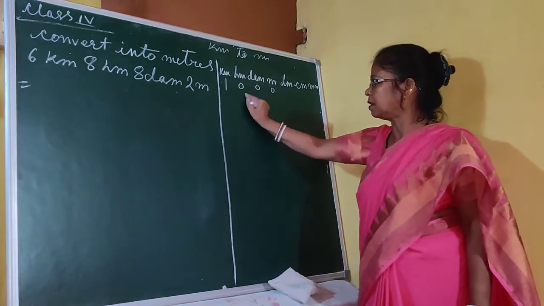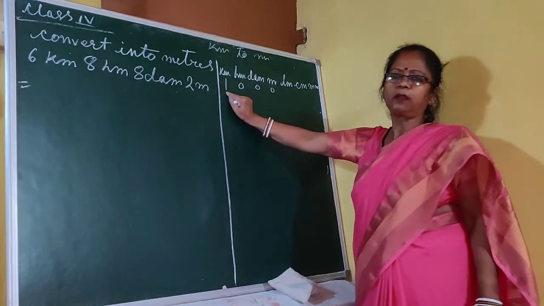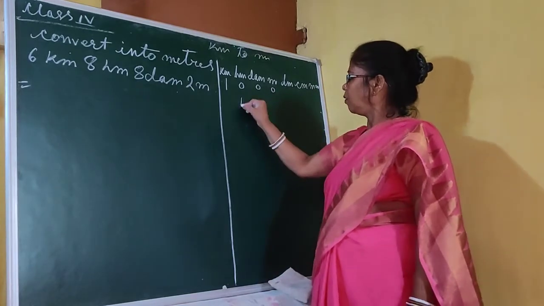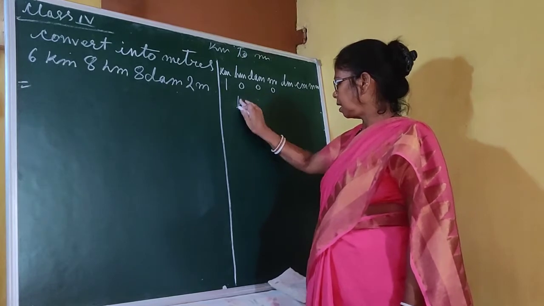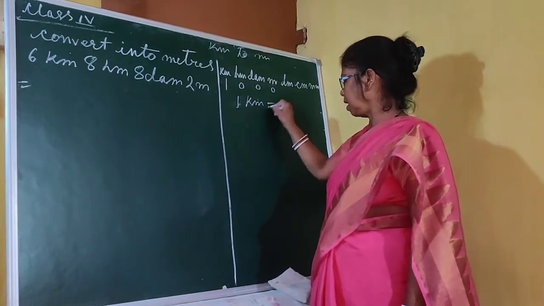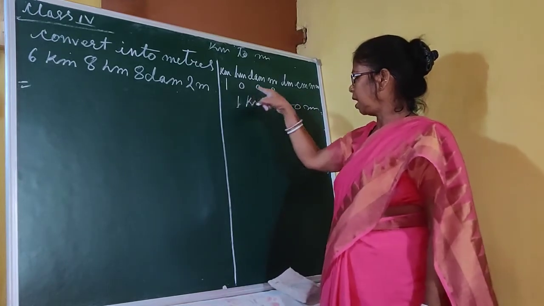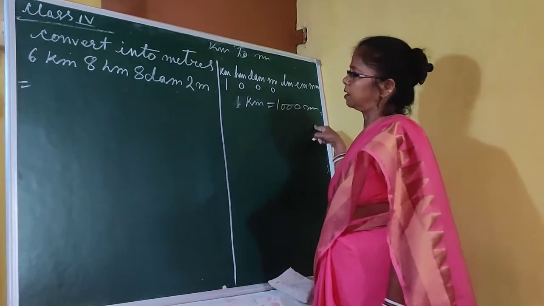So 1000 meter equal 1 kilometer. From the table, on this line, you will get 1000. 1 kilometer equal 1000 meter. It is a bigger unit, and to convert to meter, 1 kilometer equal 1000 meter.